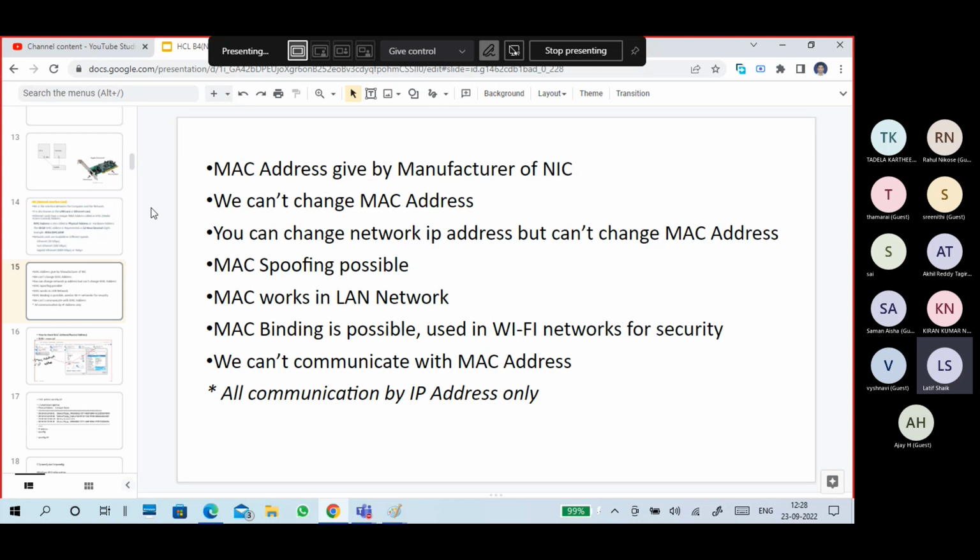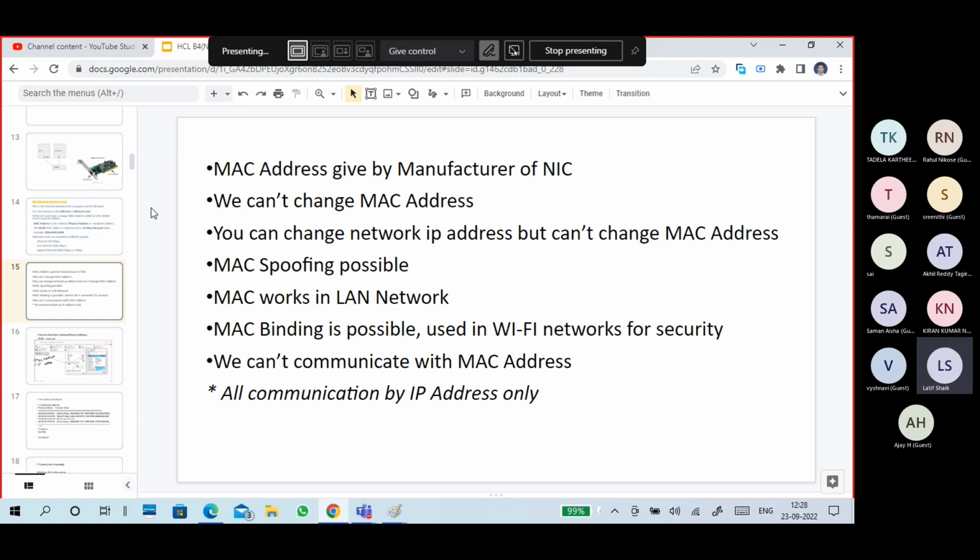The original MAC address is not changing, but while communicating, we communicate with a different MAC address. So for attacks through the LAN, or to defend our network, we can use MAC spoofing.